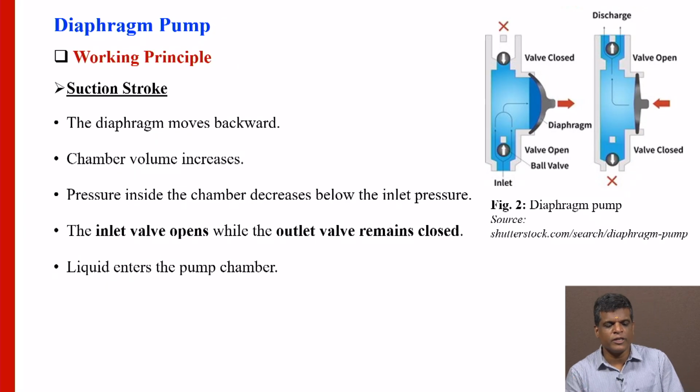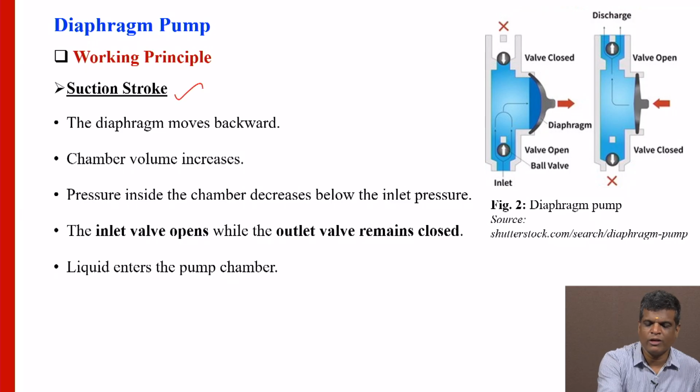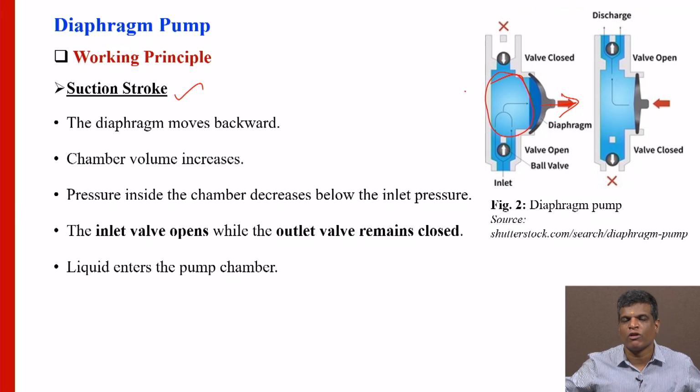So, how does the diaphragm pump work? One is the suction stroke, the first point. So what happens first? The diaphragm moves backward here, and the chamber volume increases.